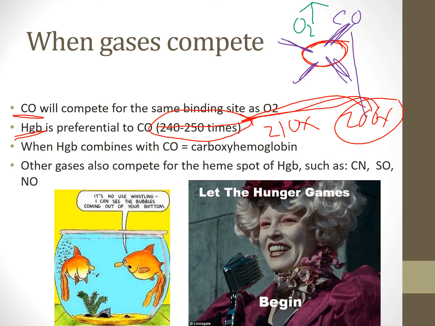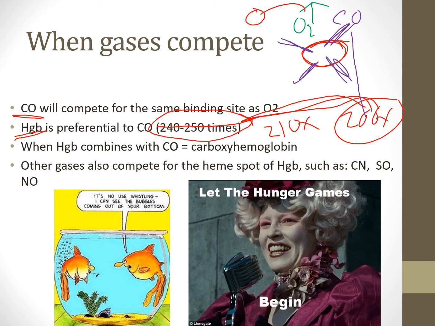Oxygen is probably feeling all lonely now. There are other red blood cells that oxygen might find and bind to, and that's where we're going to have trouble, because we're going to have such low oxygen content overall that it's not going to want to dump itself to the tissues, and we'll talk about that when we talk about the dissociation curve.